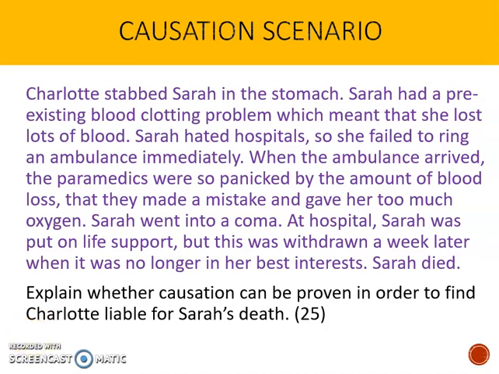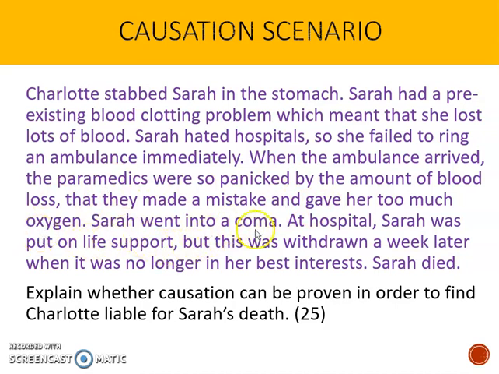So the situation is this. Charlotte stabbed Sarah in the stomach. Sarah had a pre-existing blood clotting problem, which meant that she lost lots of blood. Sarah hated hospitals, so she failed to ring an ambulance immediately. When the ambulance arrived, the paramedics were so panicked by the amount of blood loss that they made a mistake and gave her too much oxygen.